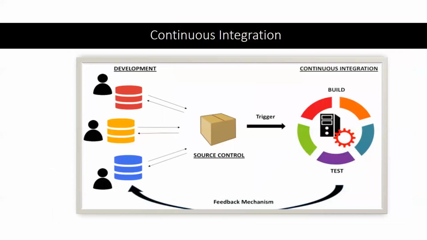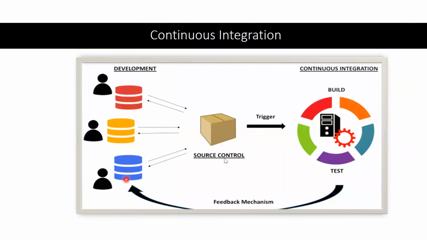On the left-hand side, we see some developers who are writing the code. These are three developers writing code into the source control, which is our GitHub, and a trigger happens. Whenever a change happens, it should be built, it should be tested, and feedback goes back to the developer.